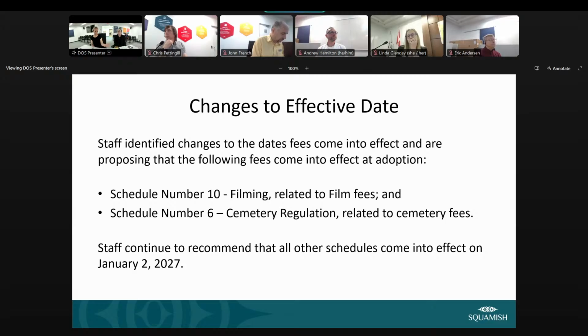Staff feel that we could start charging the fees immediately, and that there isn't a requirement to give additional notice. And the second one is number 6. That's the cemetery change, where the oversized liner was 6,000 and should be reduced to 600. And staff are recommending changing that immediately, in the event that someone does need that fee to be charged.